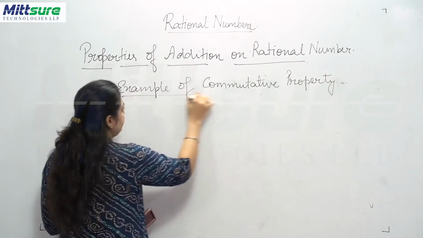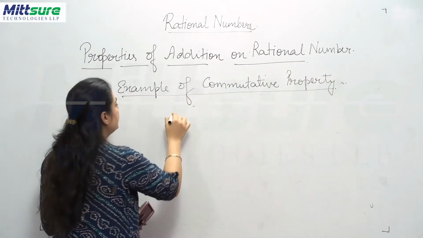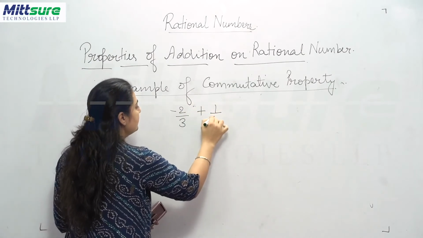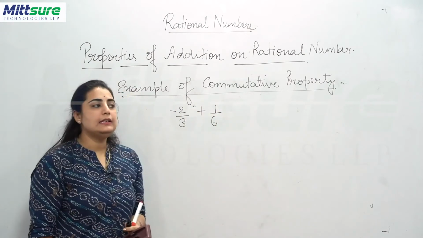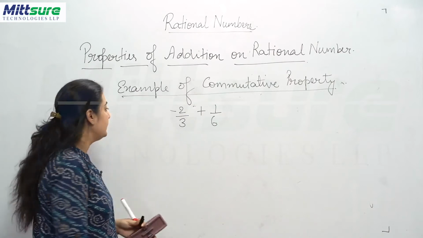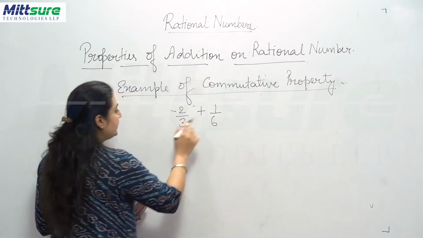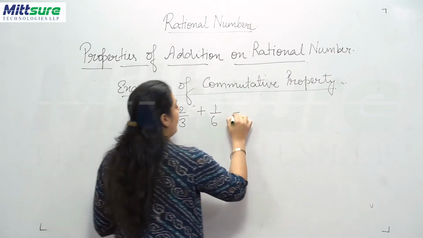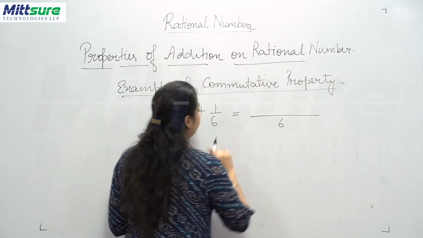Okay. Now I will take two numbers, minus 2 upon 3 plus 1 upon 6. Okay, these are my two numbers, right? After this, what I will do? I will take the LCM. On taking the LCM, what do I get?